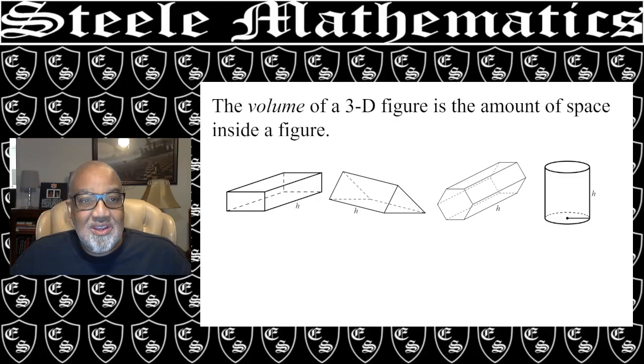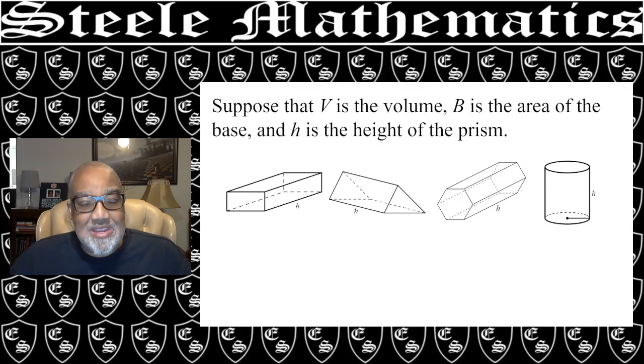Next, the volume is the amount of space inside a 3D figure. Now, how you find that volume depends on what the figure is. So suppose that V is the volume, B is the area of the base, and H is the height of the prism.